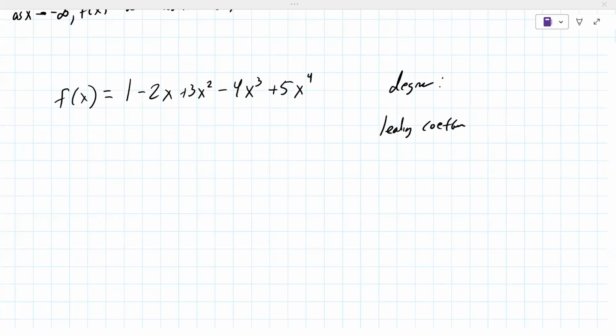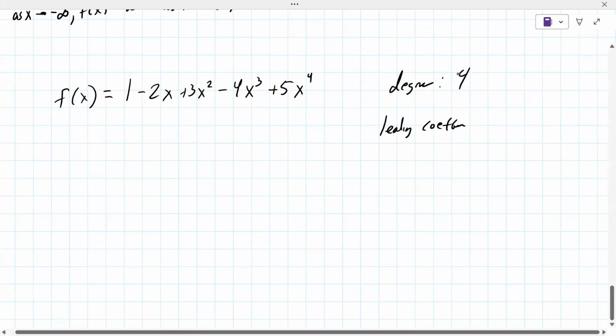The degree would be 1. No. The degree is the highest exponent. One is not the highest exponent. It's four. And then the leading coefficient would be 5.